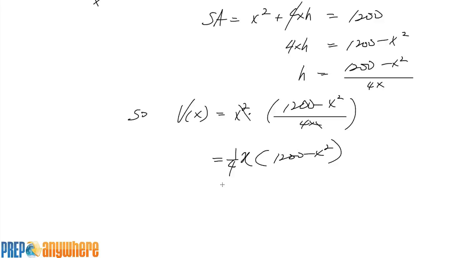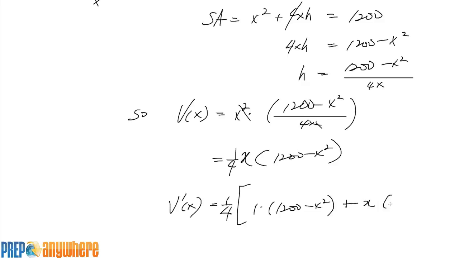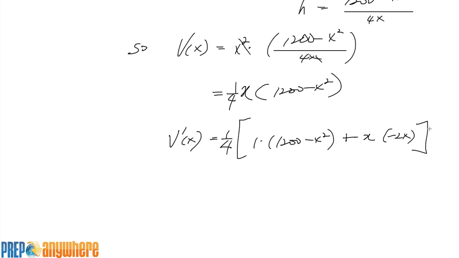And to find the maximum volume, we need to differentiate. Okay, let's leave the quarter out at the front. Let's differentiate x, and you get 1. Right. Plus, right, leave the x, differentiate that, and you get minus 2x. Okay, so you gotta set that equal to 0 to find the critical number.